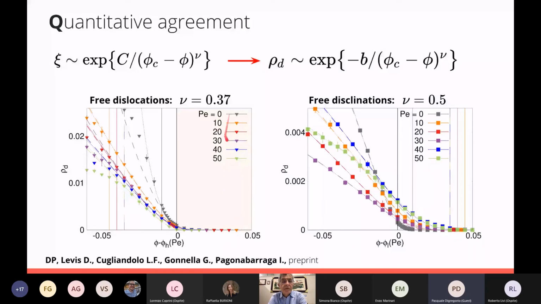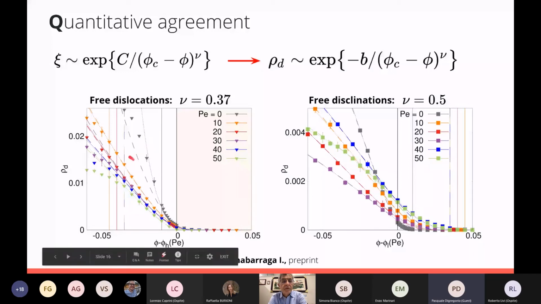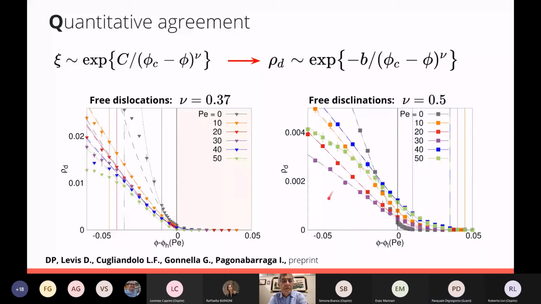So yes, interestingly, this phenomenon is really strongly related to this phase transition, even in the active case. And the same is true for disclinations.